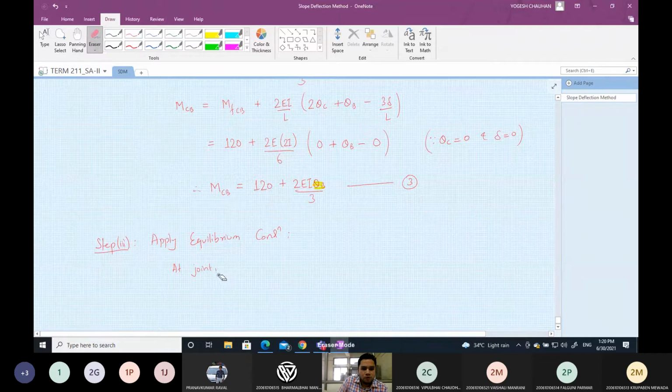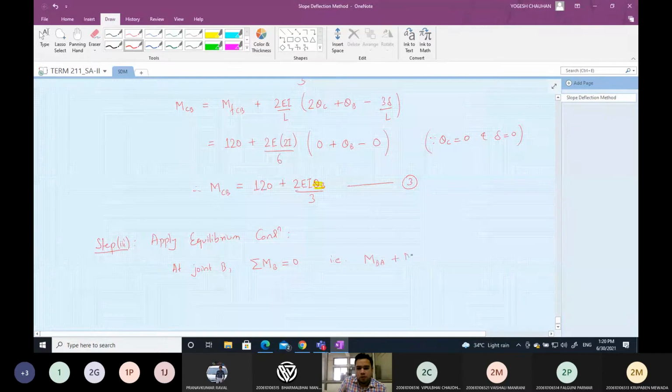At joint B, summation of moments at B should be equal to 0, that is MBA plus MBC should be equal to 0.